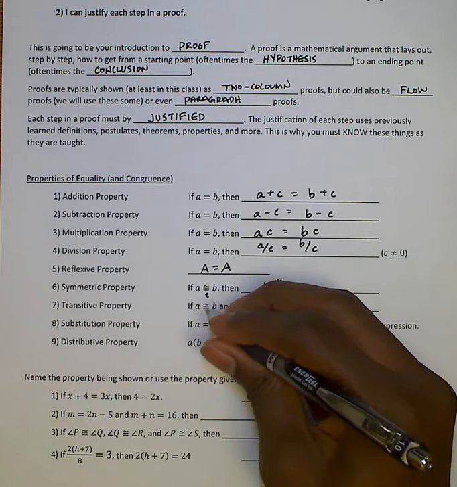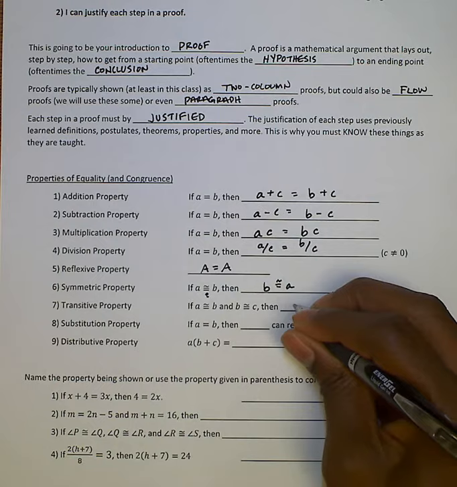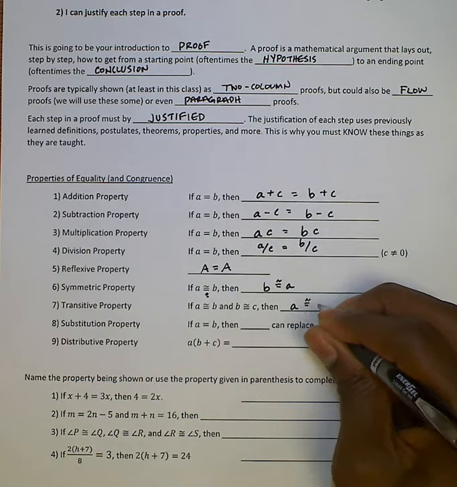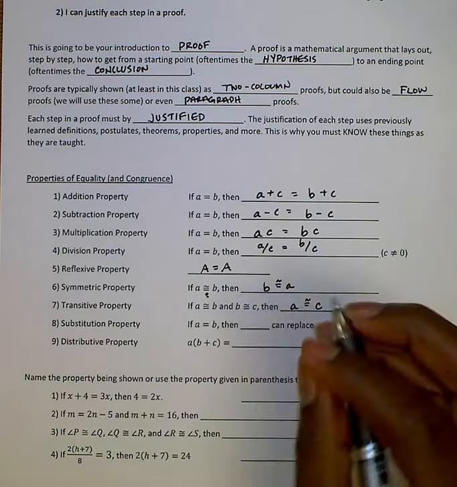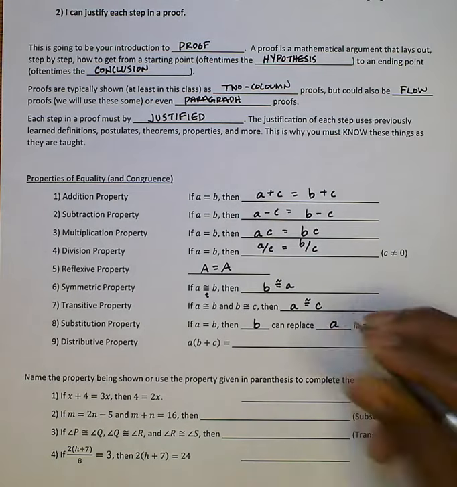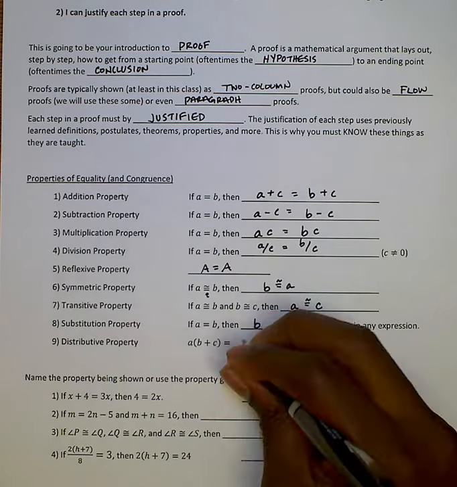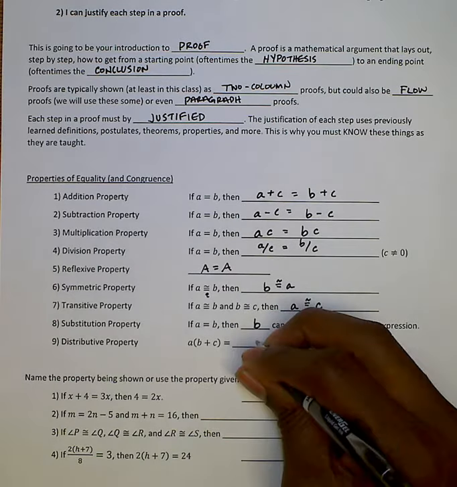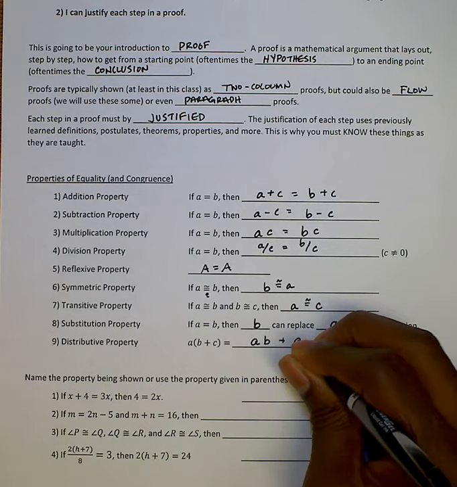If A is congruent to B and B is congruent to C, then A is congruent to C. And substitution is if A equals B, then B can replace A in any expression, or A can replace B in any expression. And finally, the distributive property, you just distribute: AB plus AC.